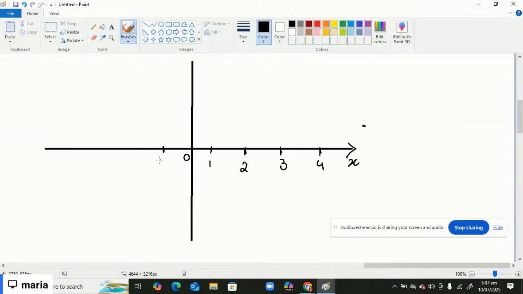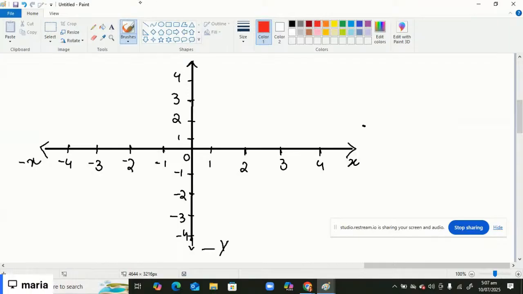And with the negative terms, negative x-axis, this is a positive y, that is 1, 2, 3, and 4. And these are negative 2, negative 3, and negative 4, and this is your negative y.